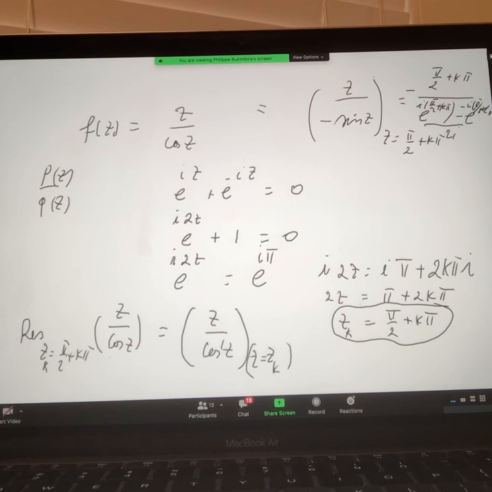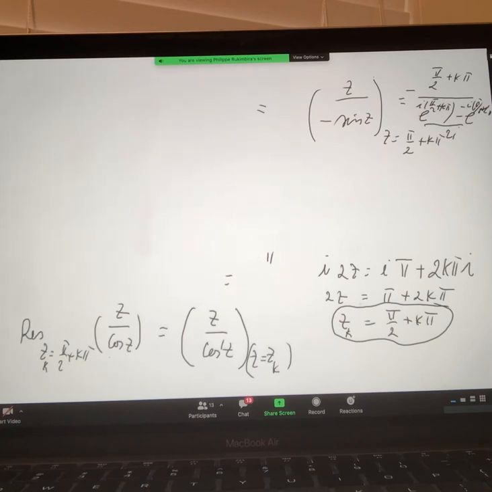So let me finish this. The residue when z equals pi half plus k pi of z over cosine z is supposed to be negative pi half plus k pi, that's the z, over sine of that.